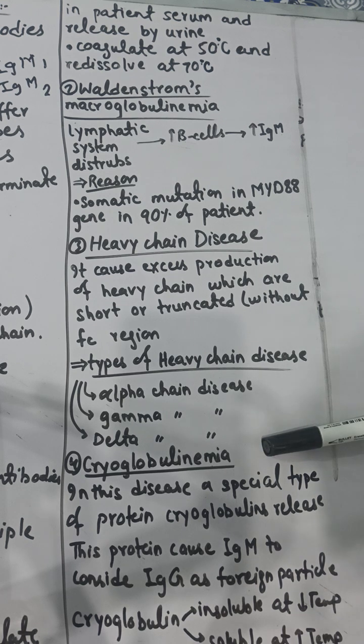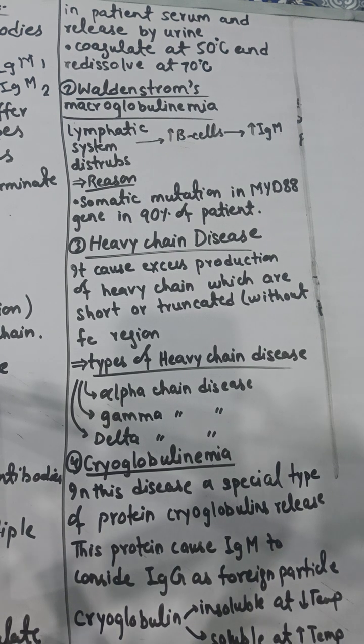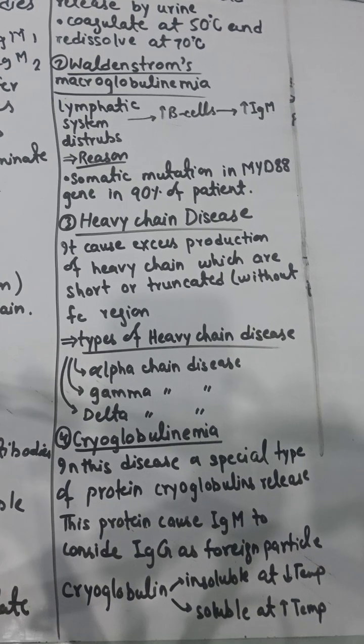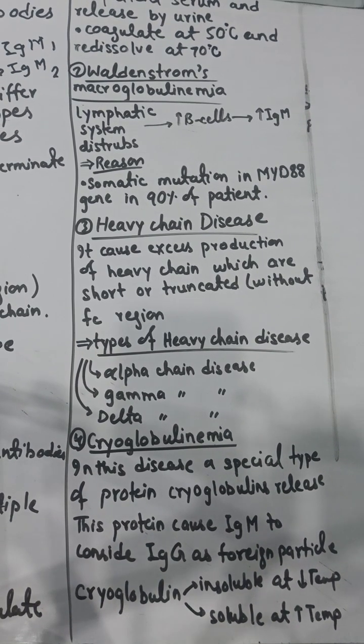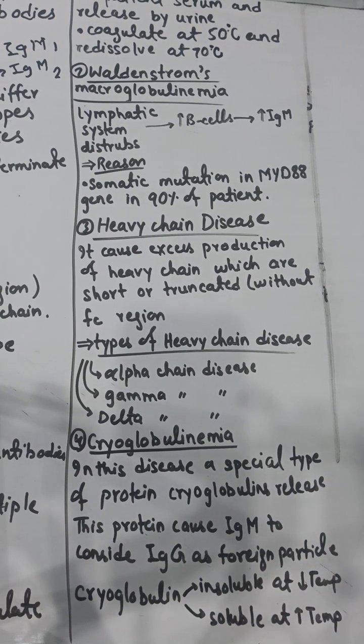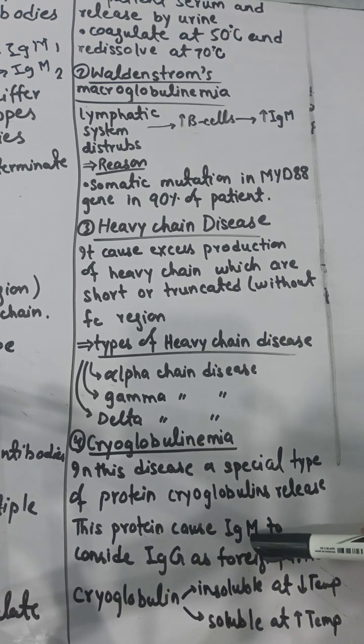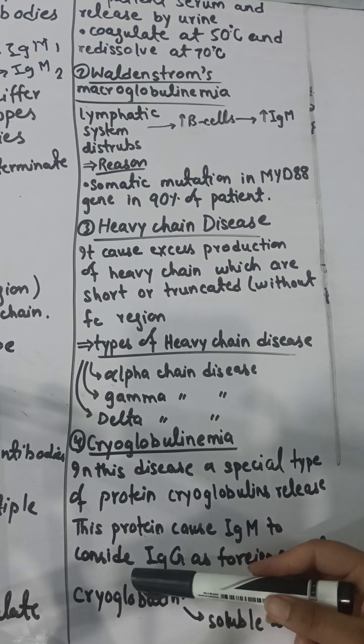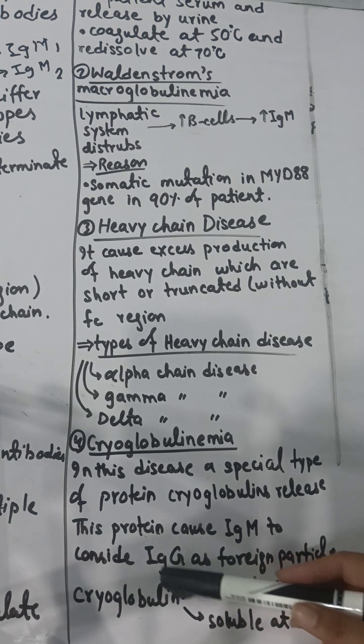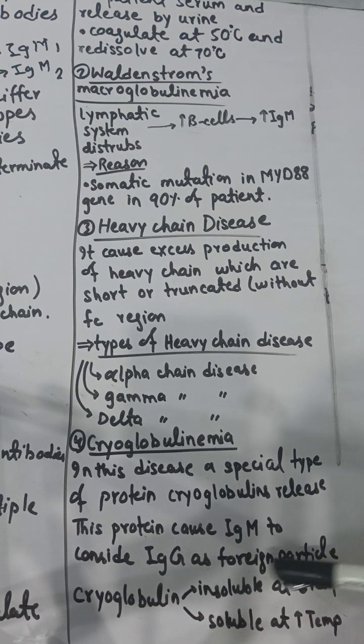The next disease is cryoglobulinemia. This is a special type of protein due to which this disease occurs, and the protein is called cryoglobulin. This protein is released and causes IgM to consider IgG a foreign particle.